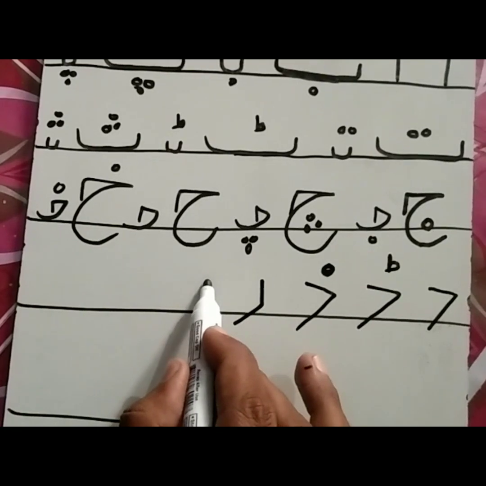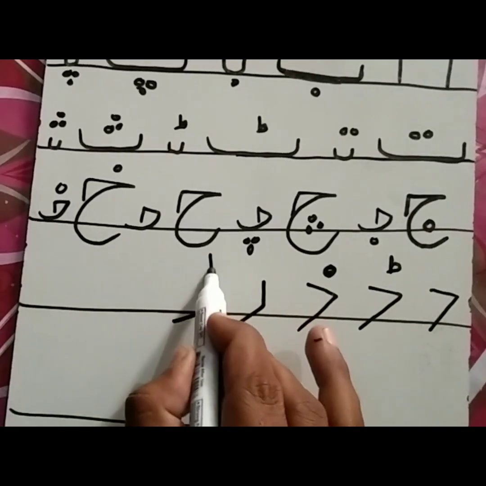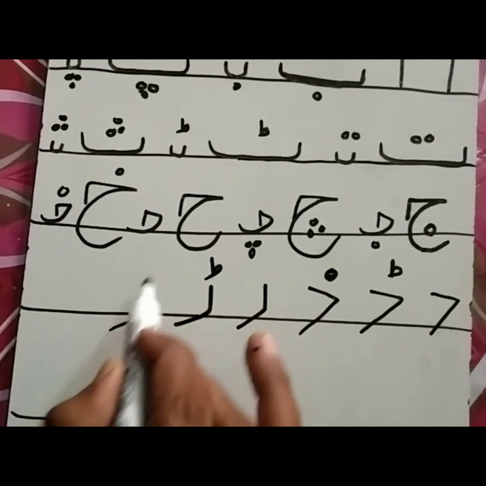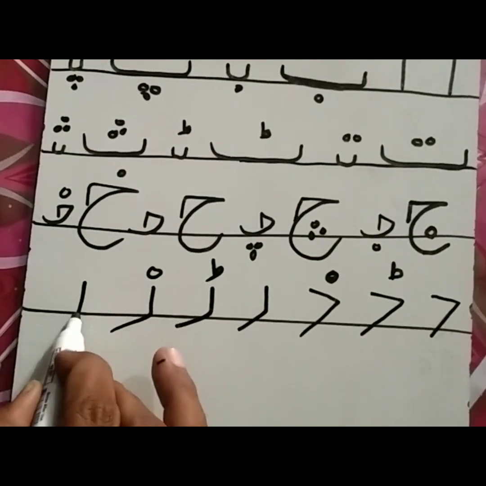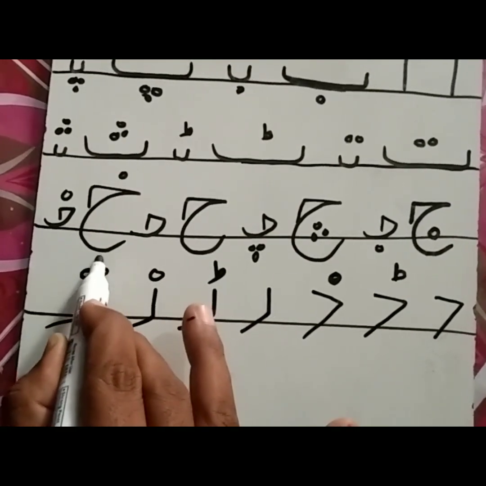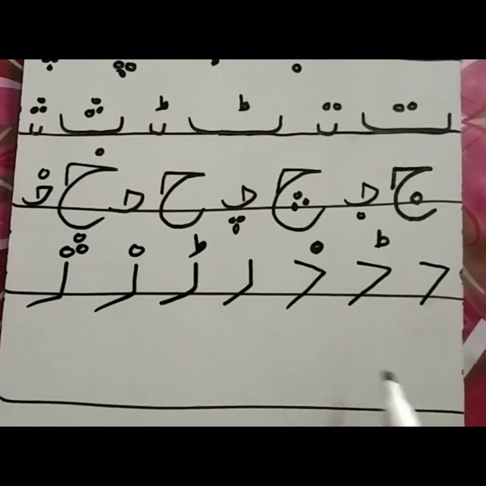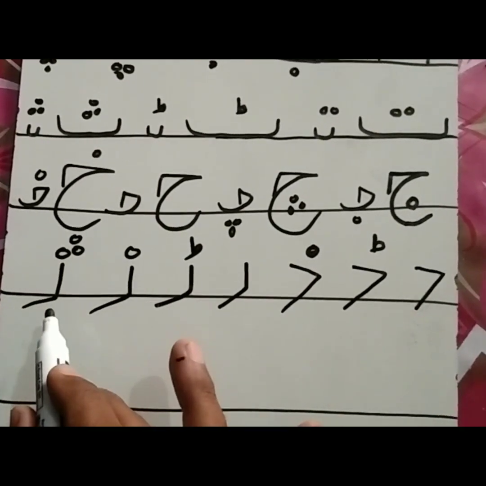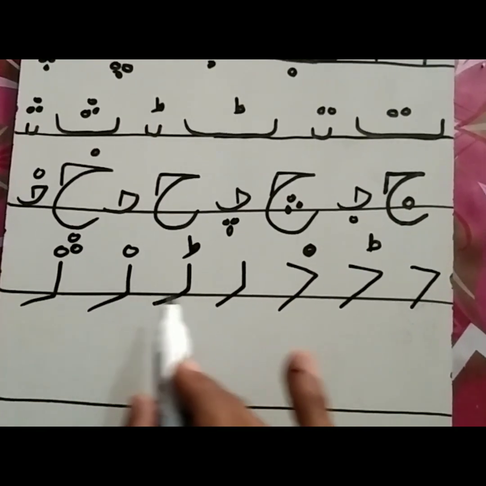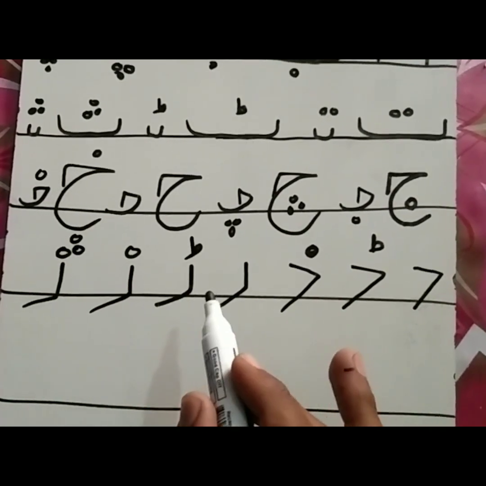Re, Are, Ze, Zhe. After that, these letters have no half shape. These letters have the same half shape and full shape.